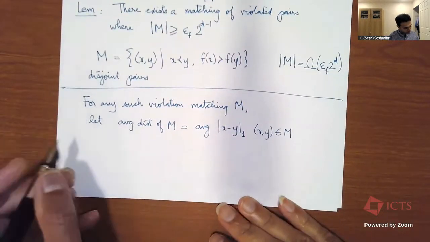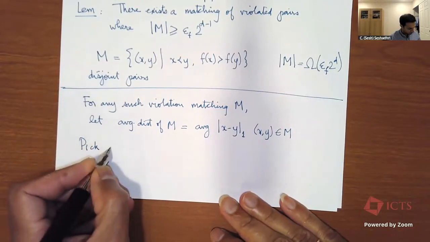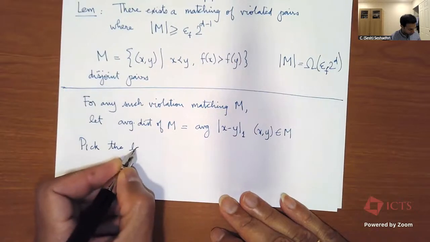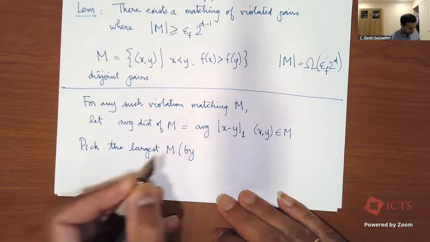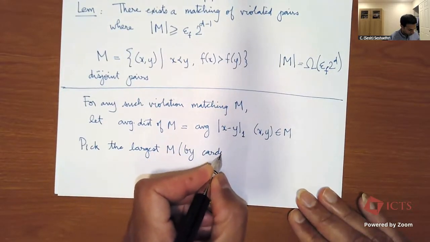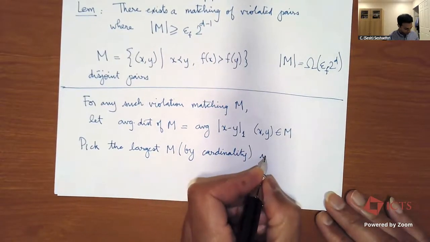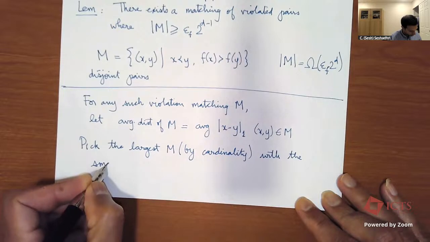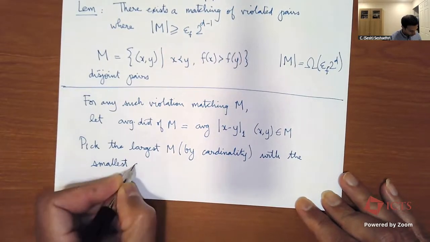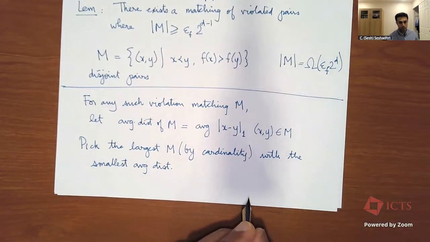And what I'm going to do is pick the largest M by cardinality with the smallest average distance. Okay, so I'm simultaneously optimizing two things.